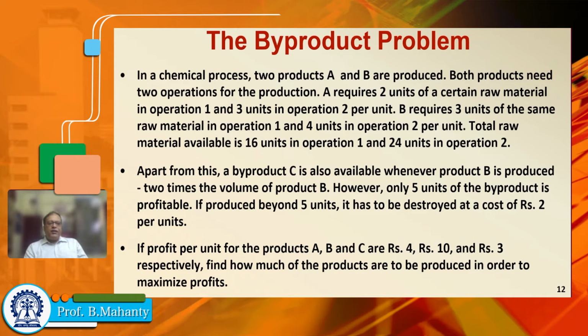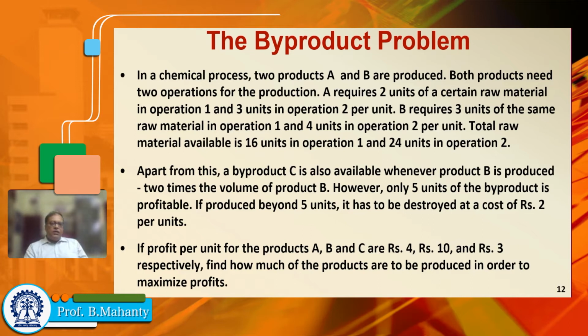What will then happen is that out of these 6 units of C produced, only 5 units of byproduct is profitable. The remaining 1 unit, which is the non-profitable part of C, has to be destroyed at a cost of ₹2 per unit. So if you produce more B, you will get more C, but only 5 units of this C would be profitable.